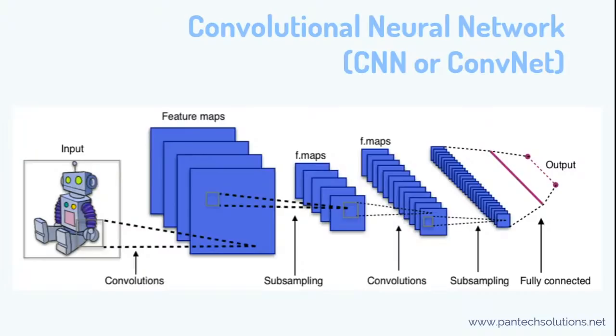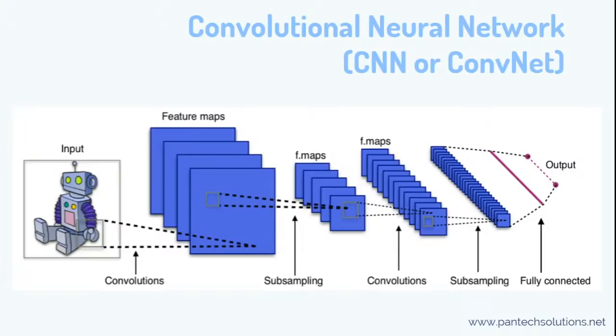After convolution, it uses subsampling, which is also called mapping. Using subsampling, it reduces the current pixels into smaller pixels with the important data. It does this again and again.